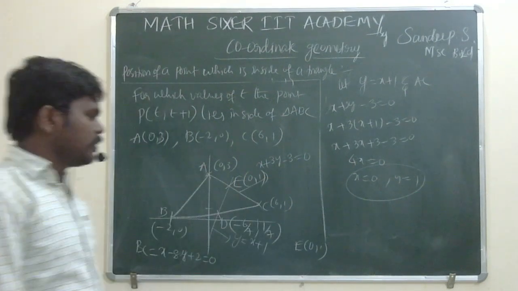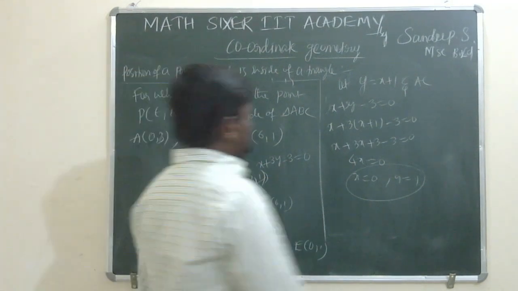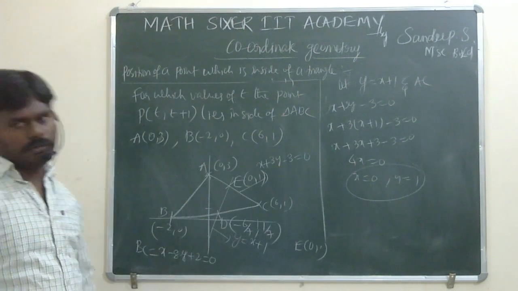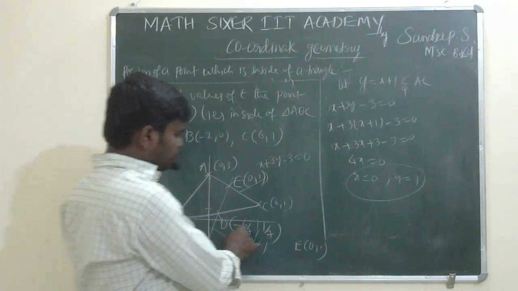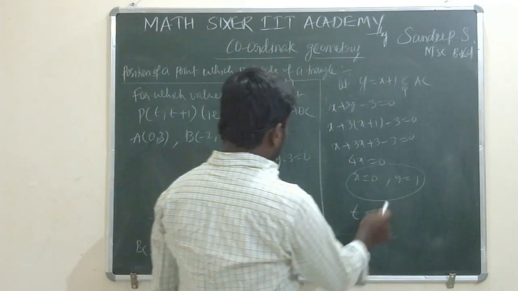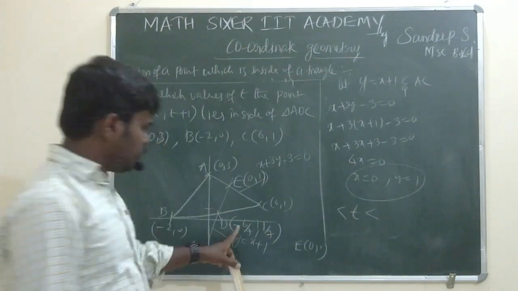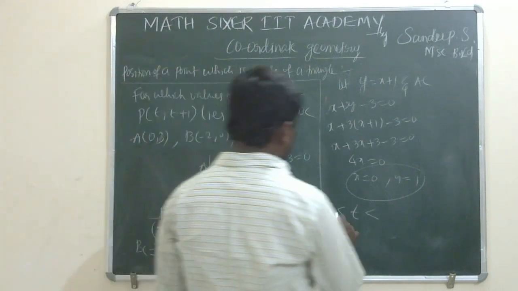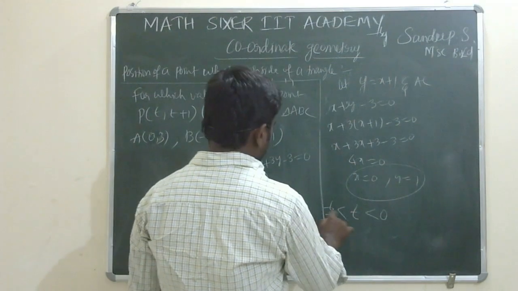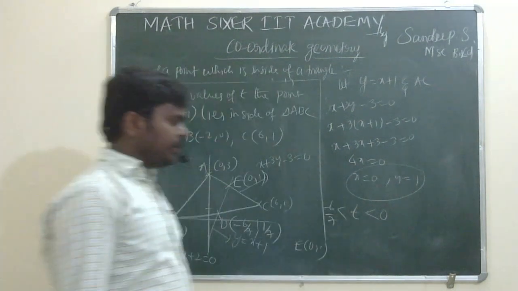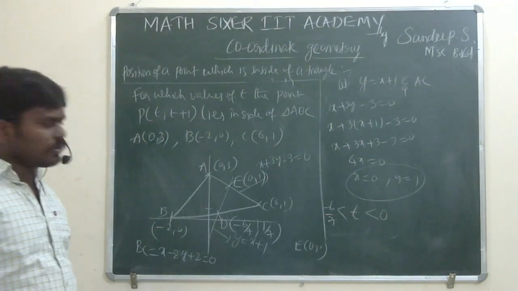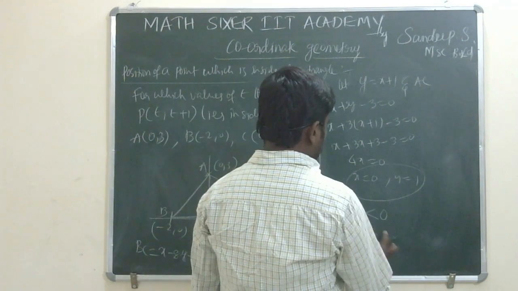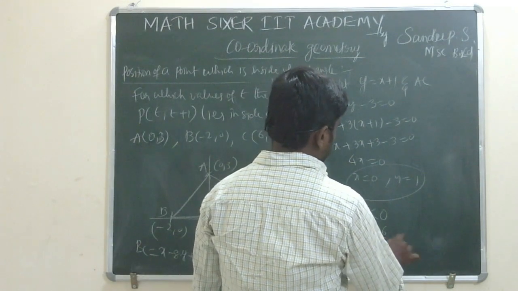Now for what values of t they have given, t should be between minus 6 by 7 and 0. That means it is less than 0 and greater than minus 6 by 7. So for all these values, you can write t belongs to (-6/7, 0).